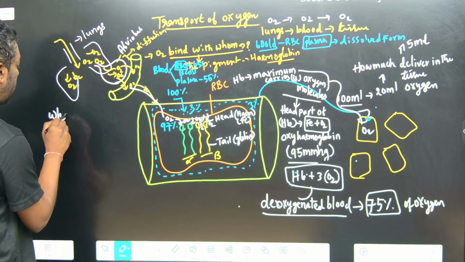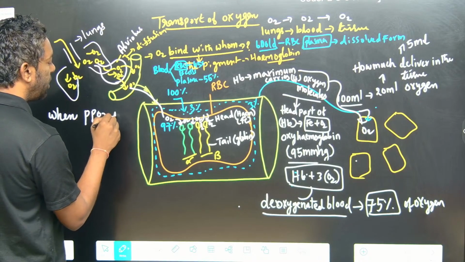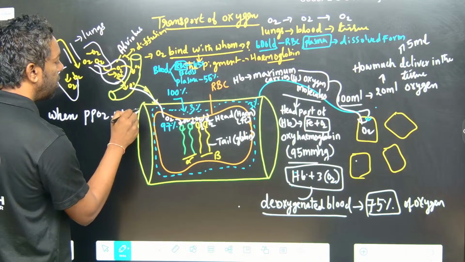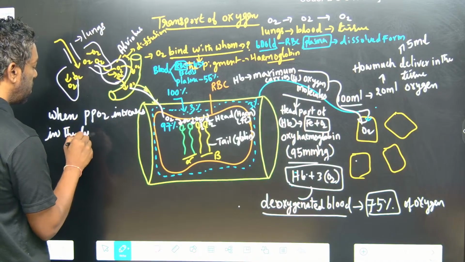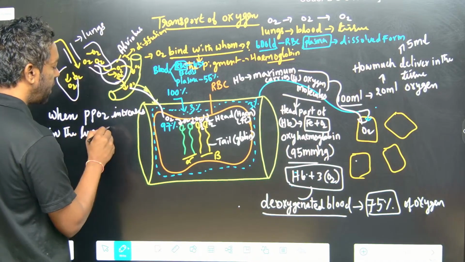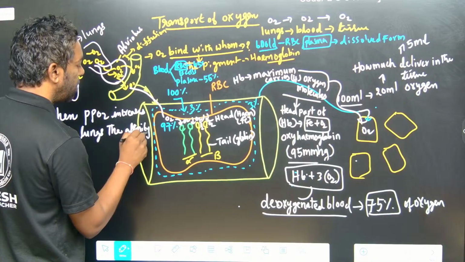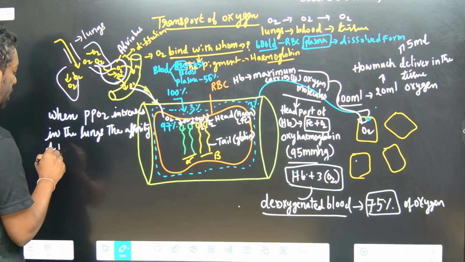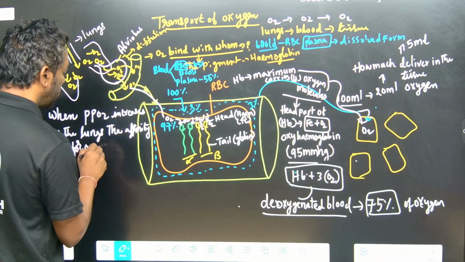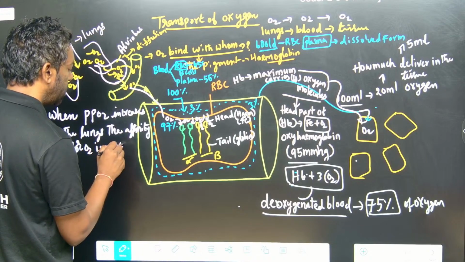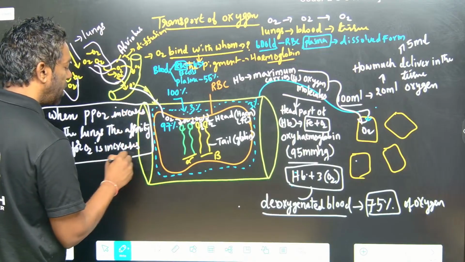When the partial pressure of oxygen increases in the lungs, the affinity of hemoglobin for oxygen increases. This scenario we can call the Haldane effect.